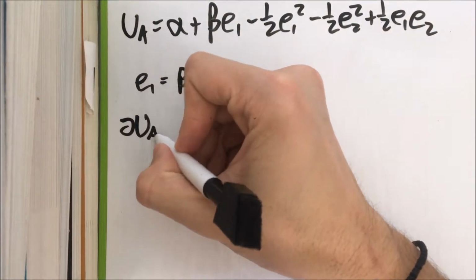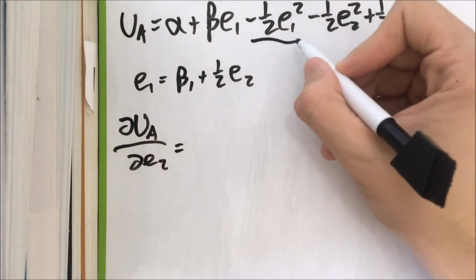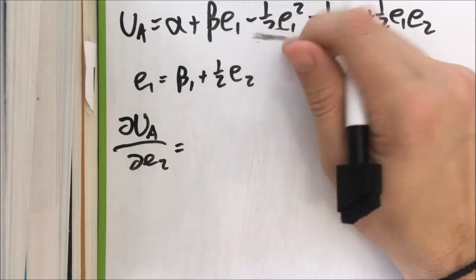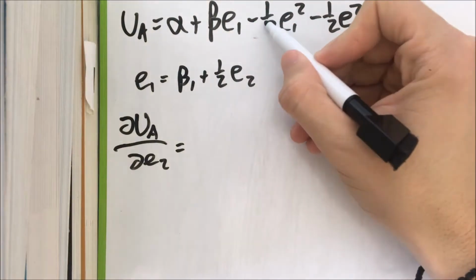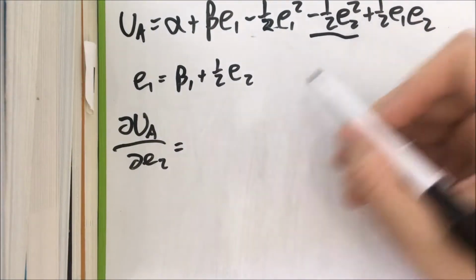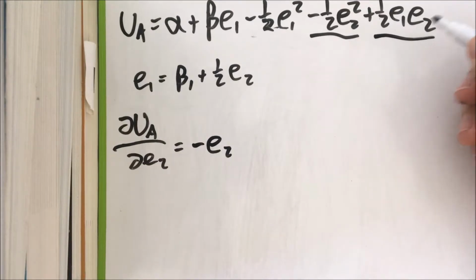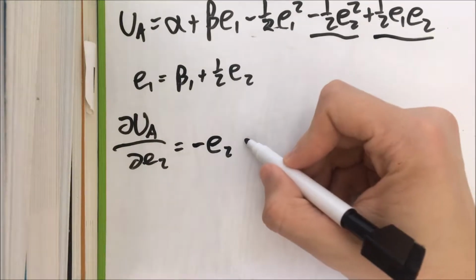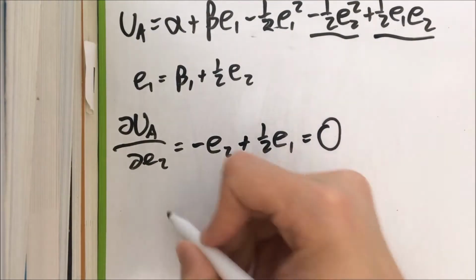So dUA over dE2 equals, whoops, not this one. This is going to be a long video. Sorry about this. This becomes negative E2, and this simply becomes plus half E1, and you set it to 0.